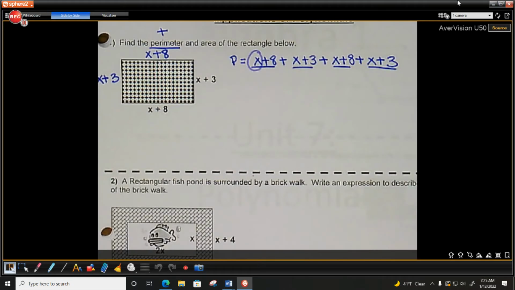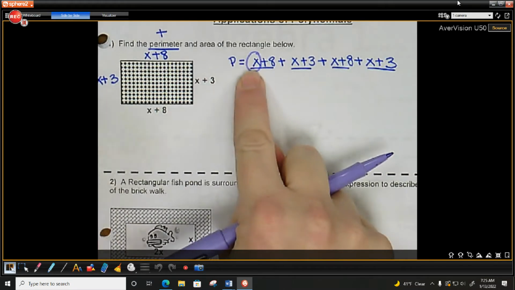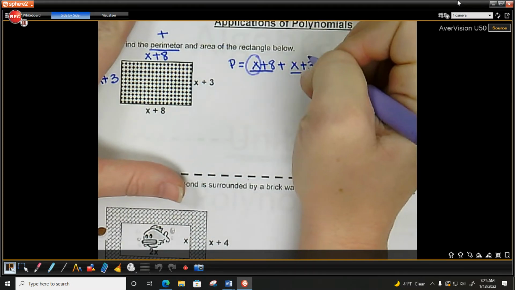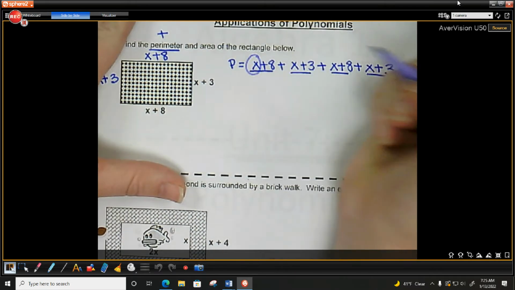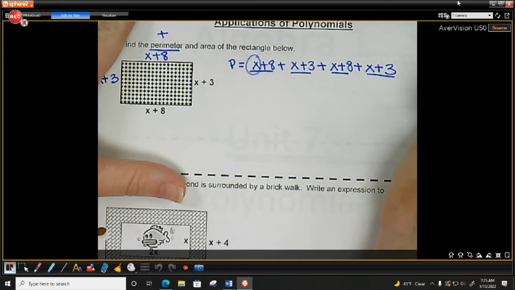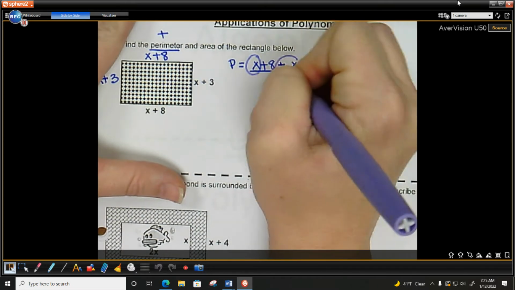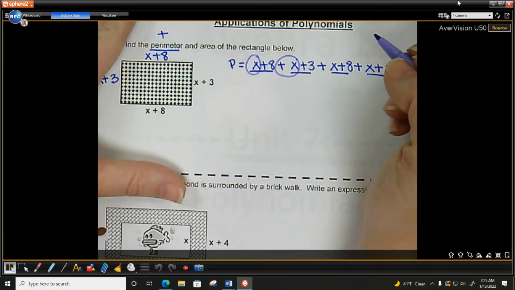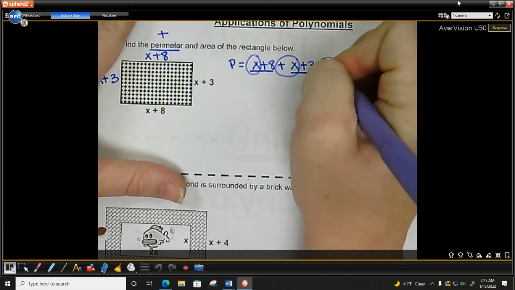Is there another like term with this x term? Are they all like terms? All the other x's. So plus x. Notice how I'm circling the operation sign in front of it, so it lets me know if I'm adding or subtracting my terms.